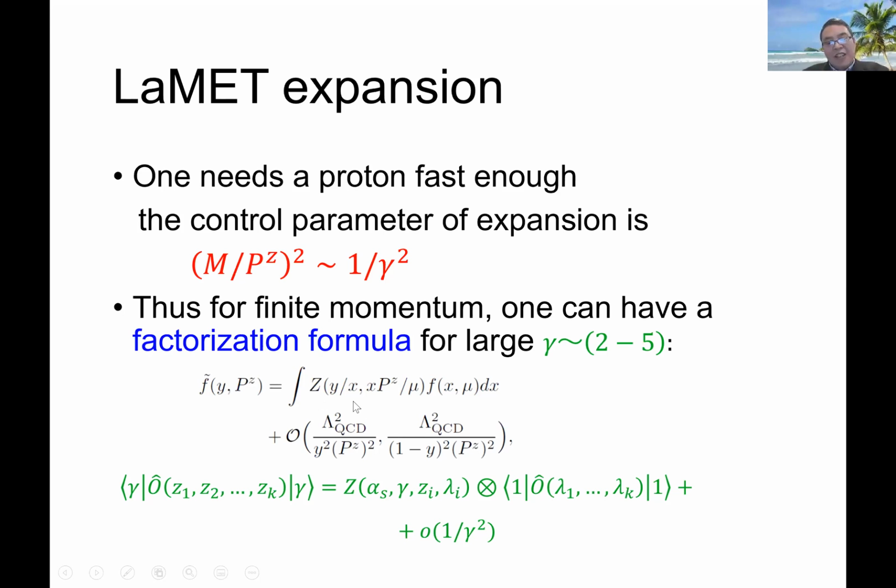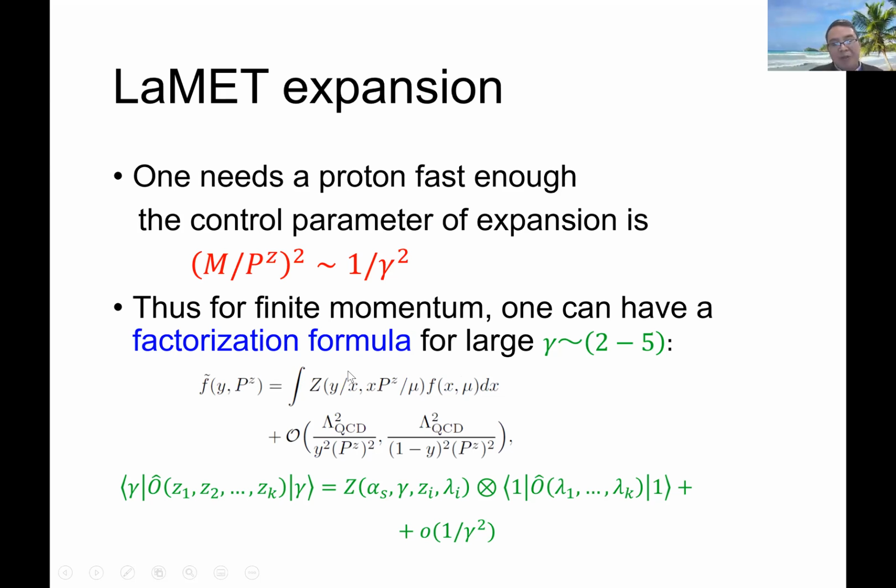But then the leading term is not exactly the Feynman parton distribution. You have to use matching, since you have two different limits, but nonetheless you get a well-defined formula. The F tilde is what we now call quasi-distributions, and that is calculable on the lattice. And F is the Feynman parton distribution you want to get.